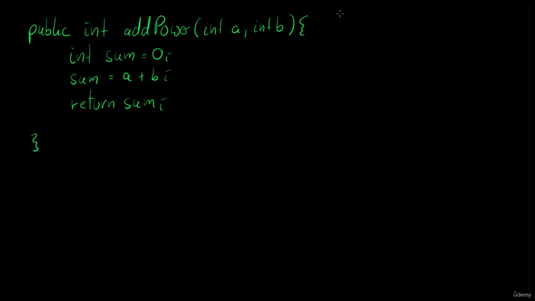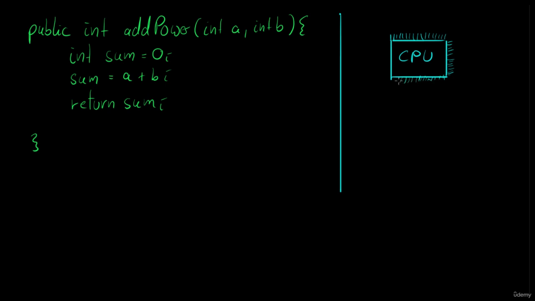Therefore, let's draw this line over here. Alright. So here now we have our CPU. This is our CPU. And this one has, of course, also some pins. Some of them seem to be not connected, and some of them could be shorted out. But this doesn't matter because we don't use them.